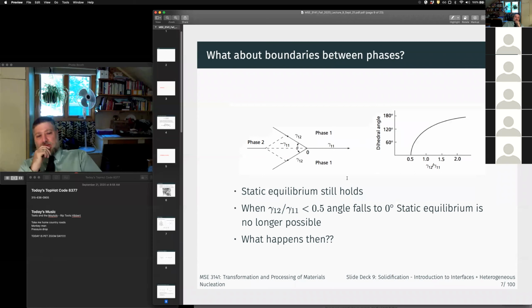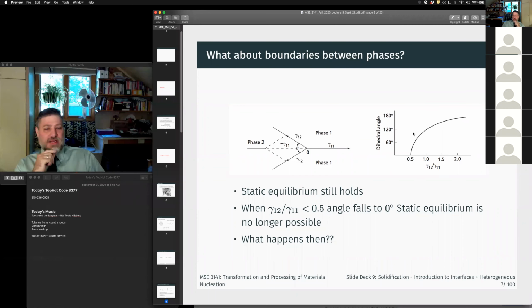So what about boundaries between phases, right? So this equilibrium still holds, so we still have the same relationship. We can look at this dihedral angle, right? And we can relate the dihedral angle to the ratio between surface energies, right? And so we can see that if our dihedral angle is exactly 120, our ratio is 1.